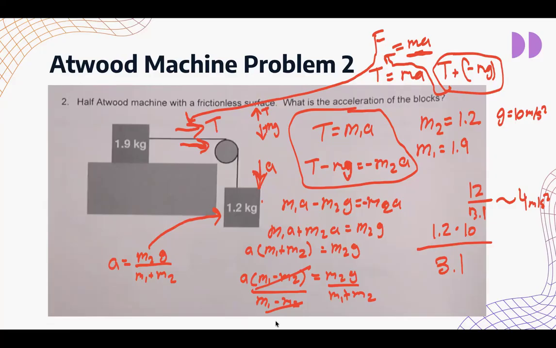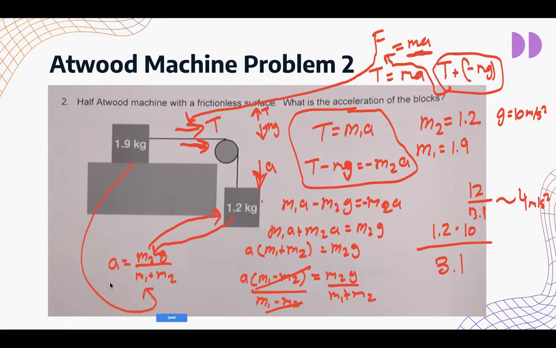Oh, you mean plus? Remember we changed it to M1 plus M2. But there's not much to it after I explained it, kind of fast, once we got M2G, because what we just did was substitute the numbers in, right? We substituted 1.2 for M2, 1.9 for M1.